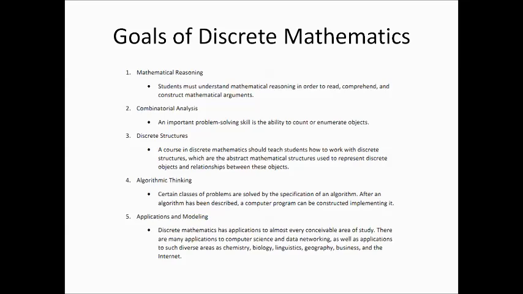Next is algorithmic thinking. Certain classes of problems are solved by specification of an algorithm. If we're talking about an algorithm, it is a step-by-step procedure. After an algorithm has been described, a computer program can be constructed implementing it.